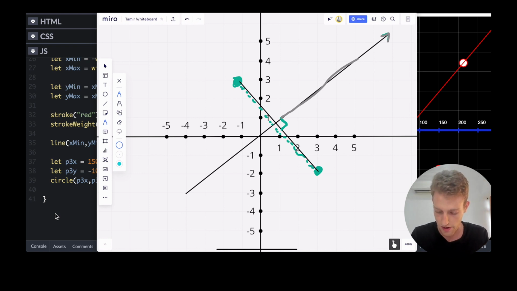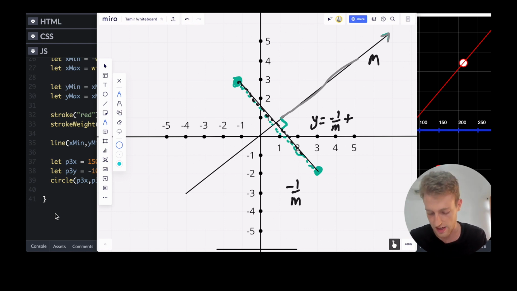So if this gradient is m, this gradient is -1 over m. So now we're going to have y is equal to -1 over m x plus some c. Let's call it c2, because this one will be c1 for that line.